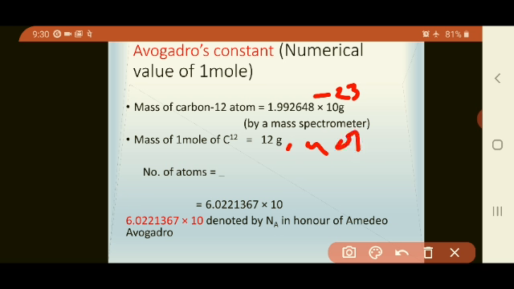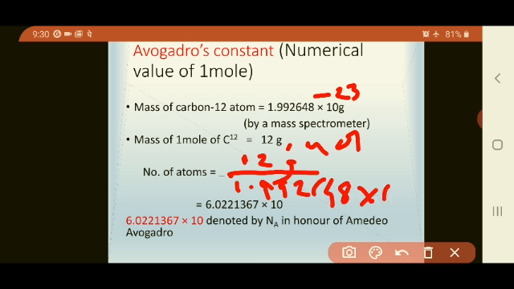Then the number of atoms is equal to 12 gram divided by 1.992648 into 10 to the power minus 23 gram.